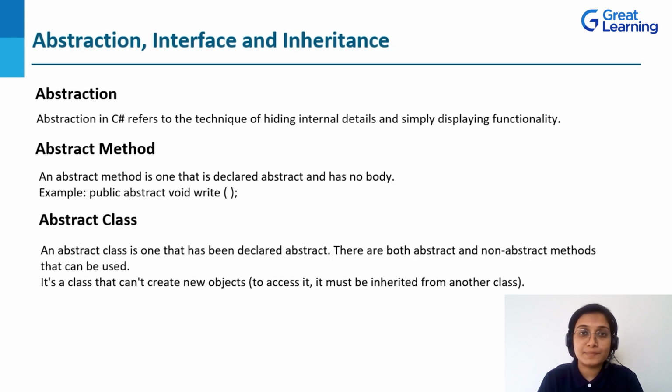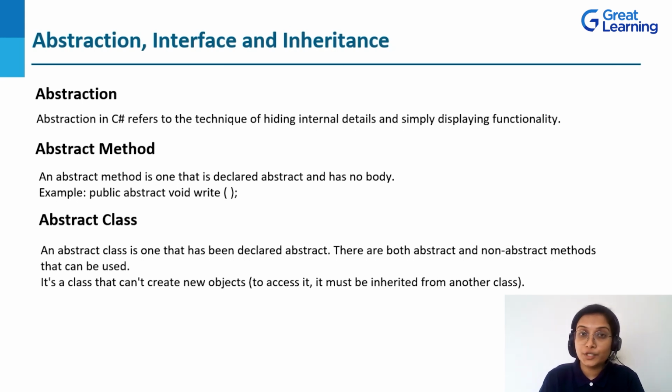The only thing an abstract class can do is let you derive or inherit from it. It does not have any self-created objects inside it. So that's about abstraction, abstract method, and abstract class.